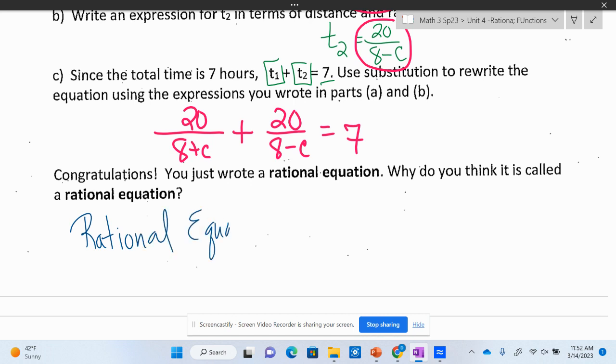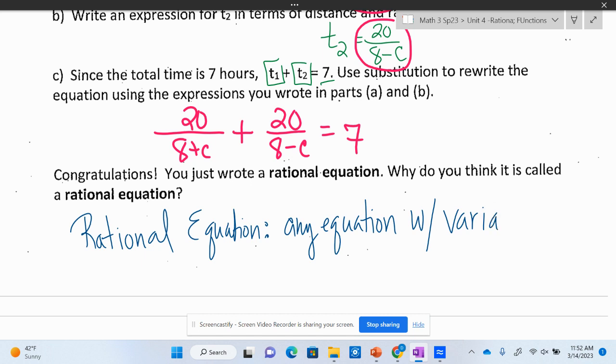equation is any equation with variables in the denominator.